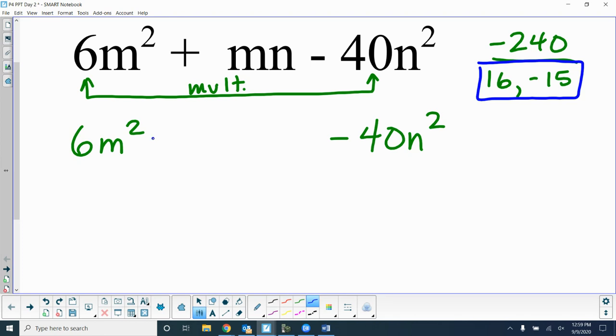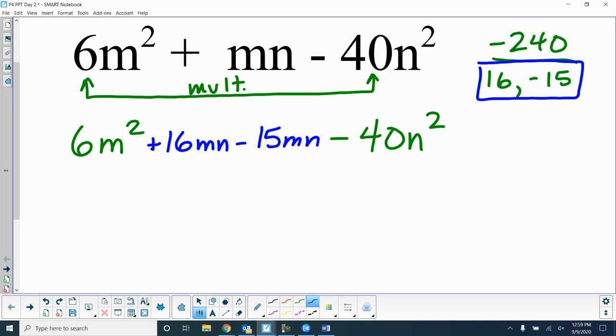So write plus 16, and whatever variables are in the middle, that's what you use, mn minus 15, mn. Okay, so whatever numbers you pick, found that work, put those in the middle. So you change that middle term to 2 terms.